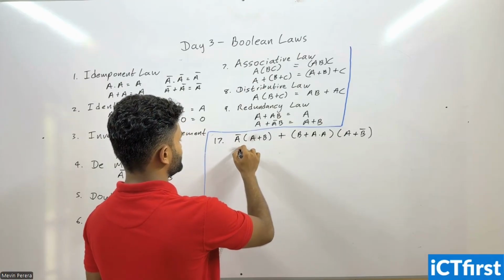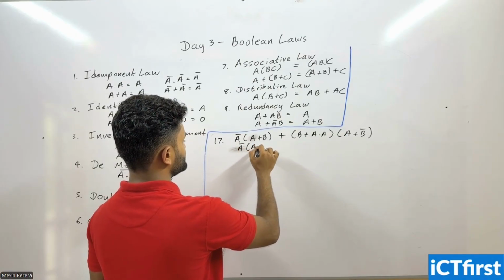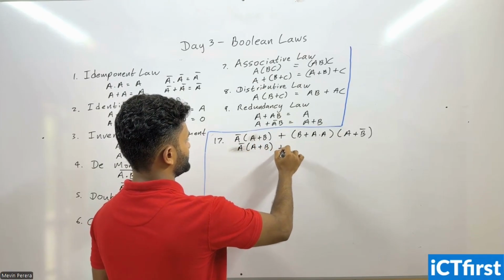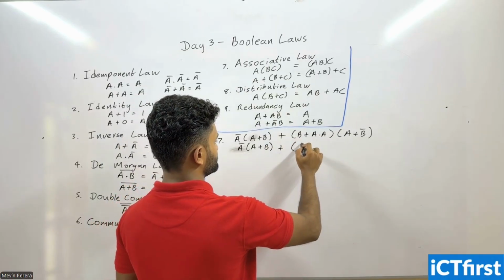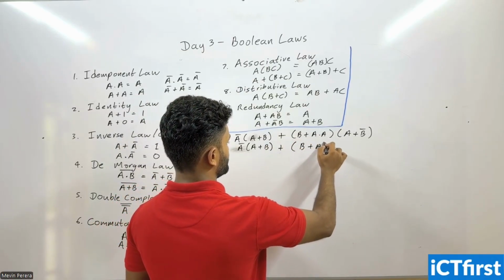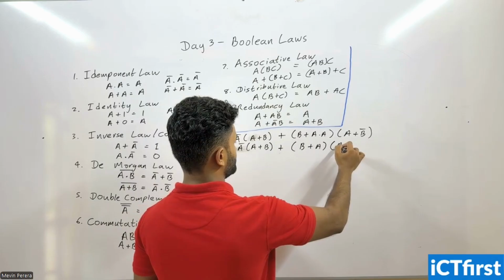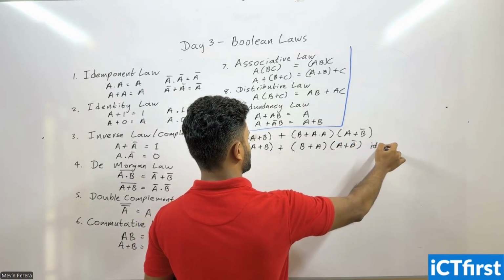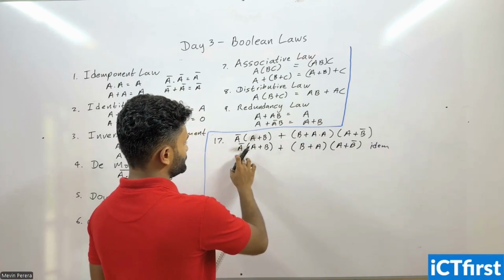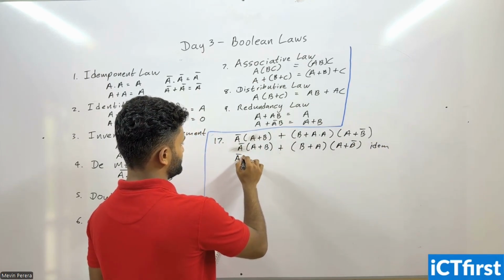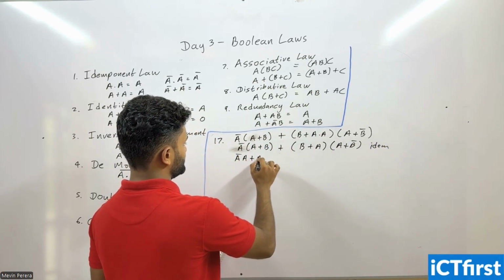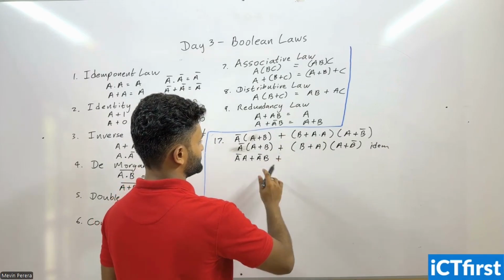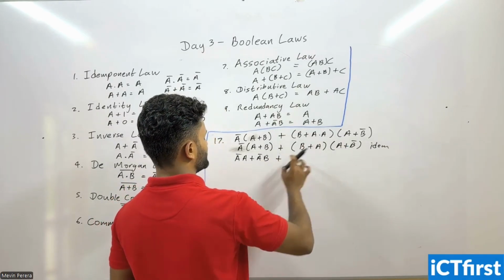What I'm saying straight away is this particular A. So A dot A is A, plus B bar. That law is the idempotent law. To multiply them together, A bar A plus A bar B plus, I would multiply this one as well.